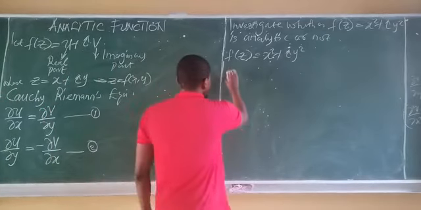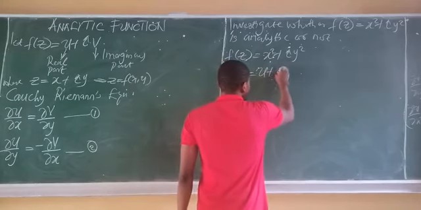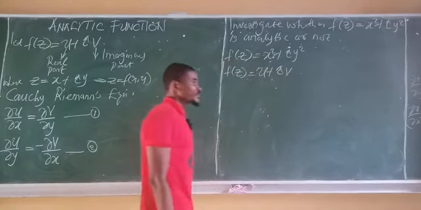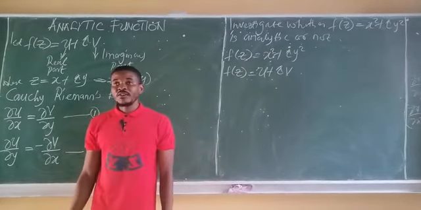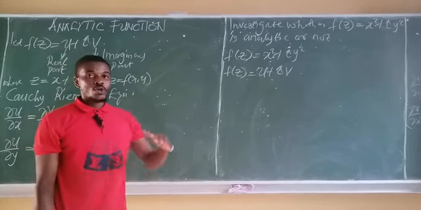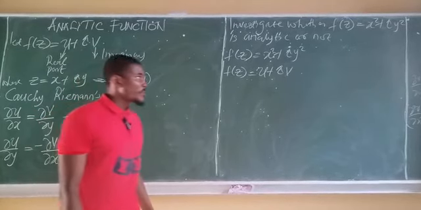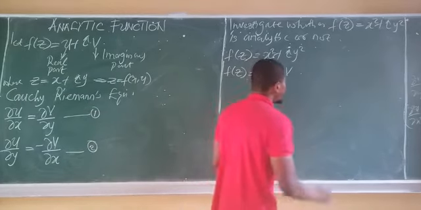So if f of z is u plus iv, all we need to do at this point is what? Compare the imaginary parts and the real parts.